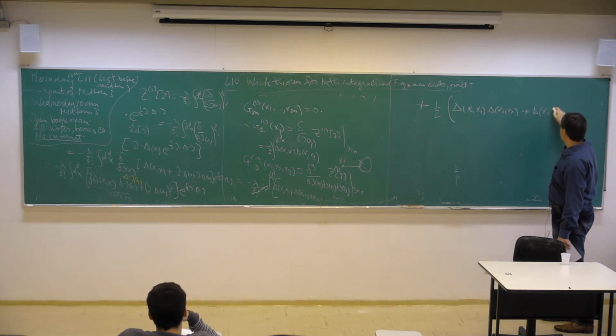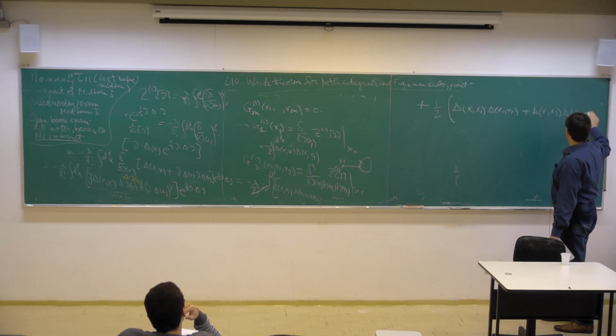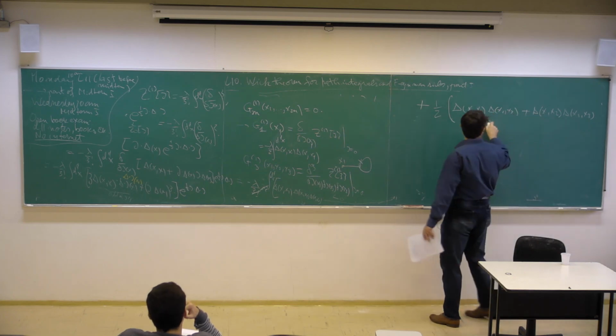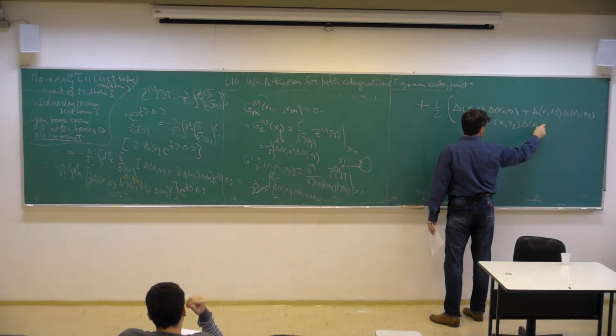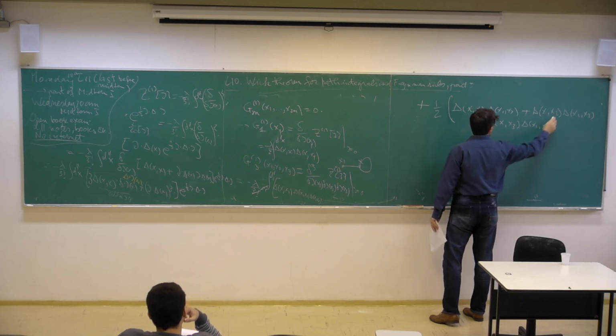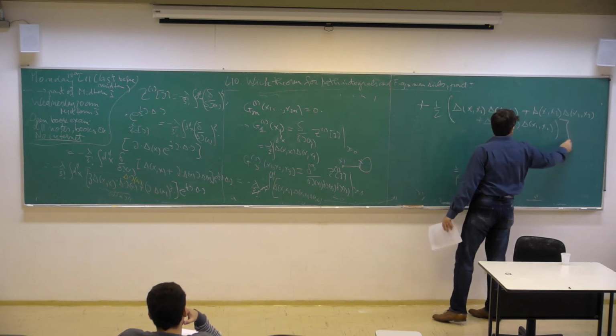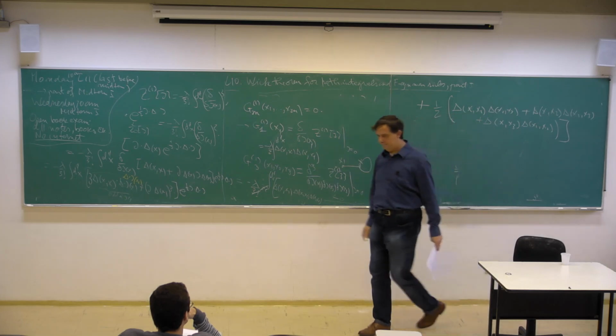Delta of x x2, delta of x1, x3, plus delta of x x3, delta of x1, x2. Right?